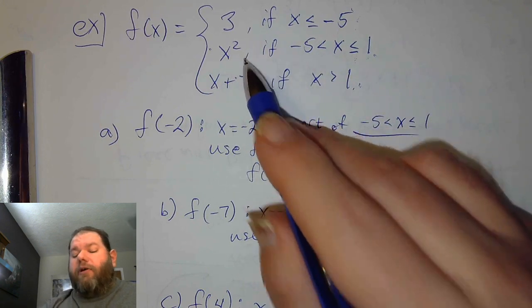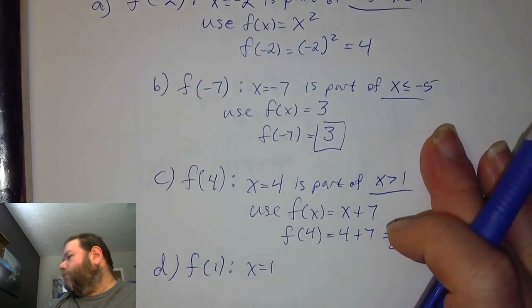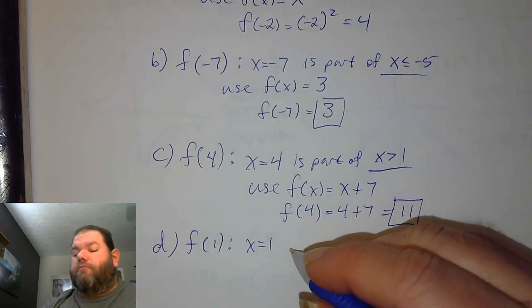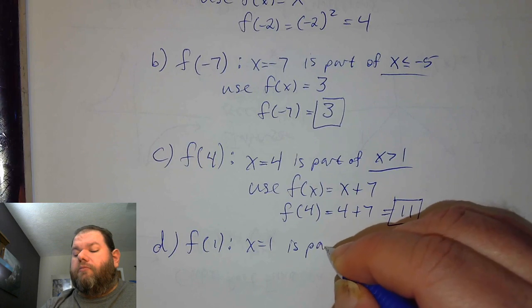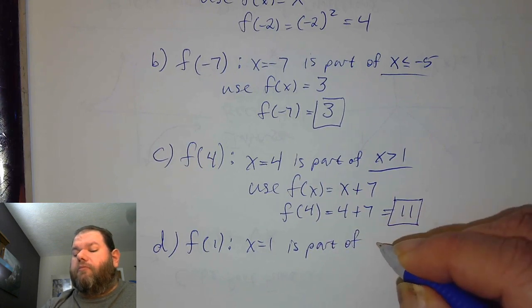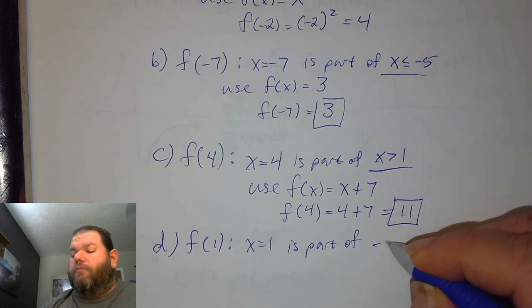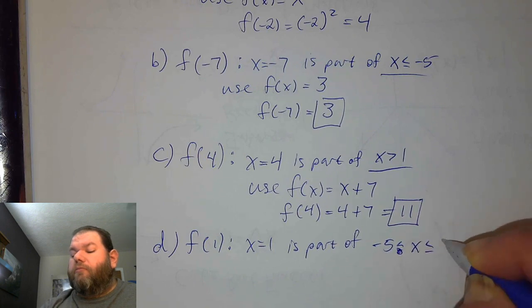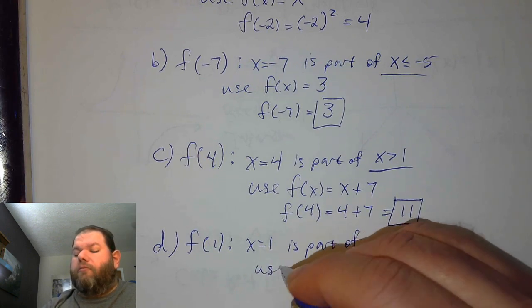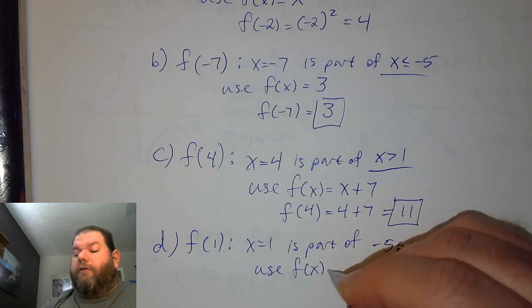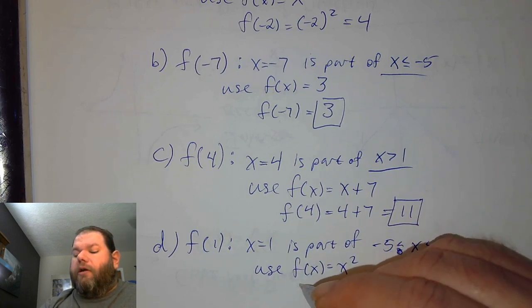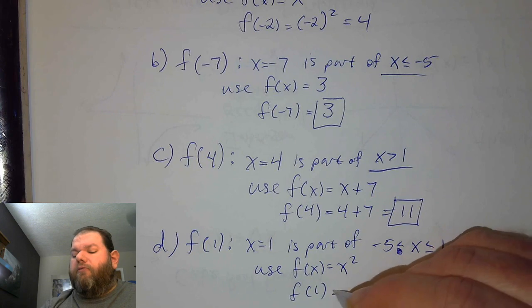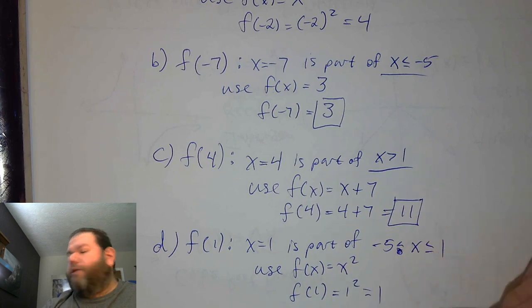So we'll use x squared here. So we use f of x equals x squared, and f of 1 then would be 1 squared, or just 1.